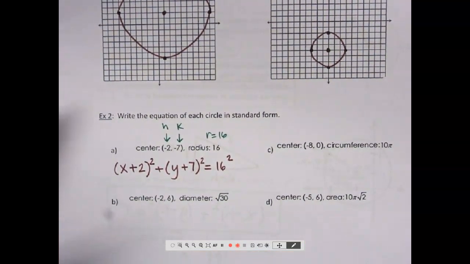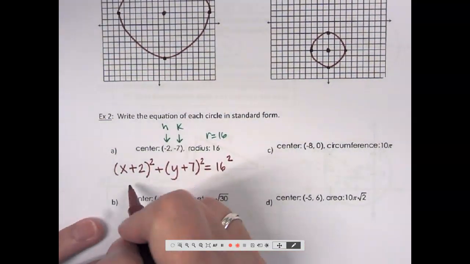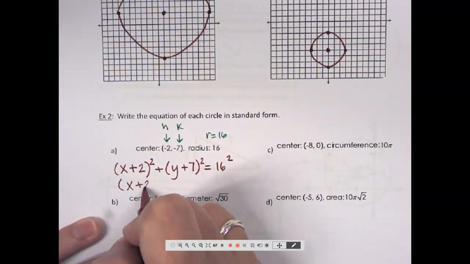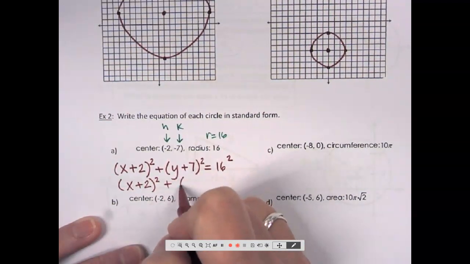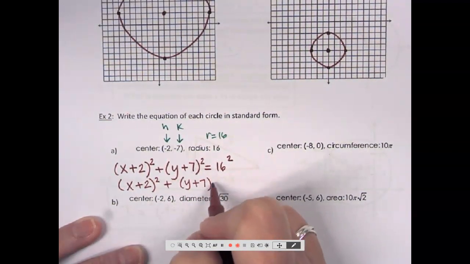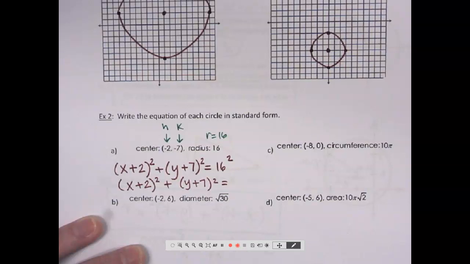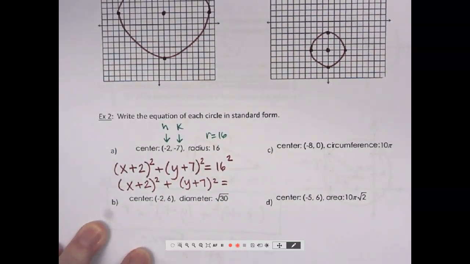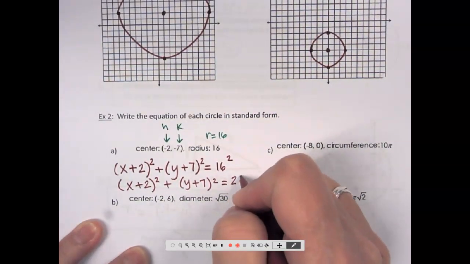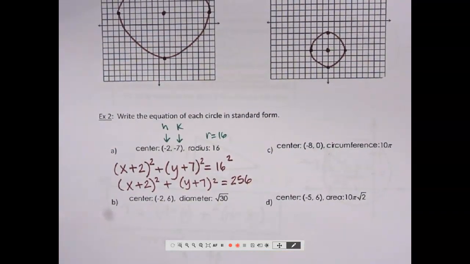Now, we can leave it that way if you want, or we can go ahead and just square 16. I would probably go ahead and square it. And who's got a calculator handy? Or do you know what 16 squared is? 256. Easy enough?